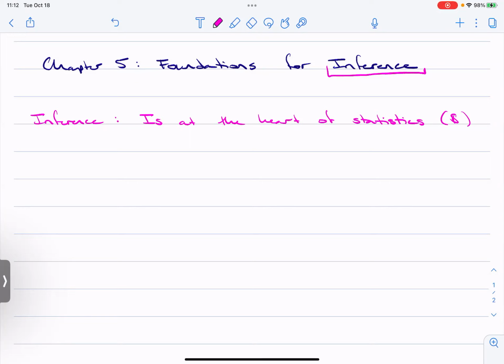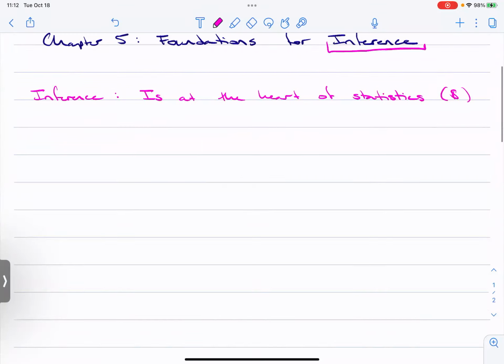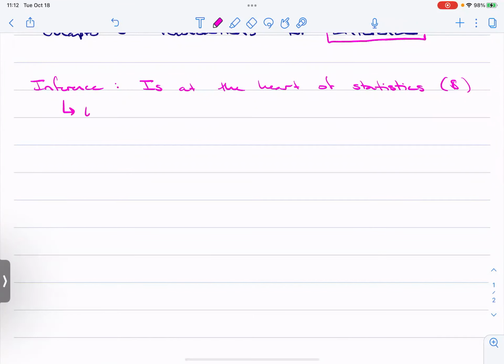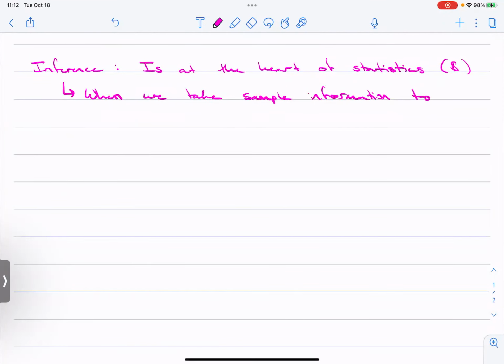That's why someone would pay you to work as a statistician, to be able to learn about a population, right? Just using sample information, how can we learn about the population? Okay. And so really, it's when we take sample information to infer something about the population.